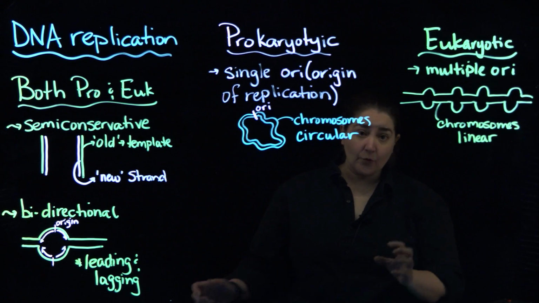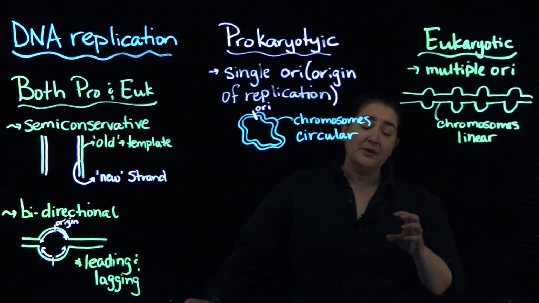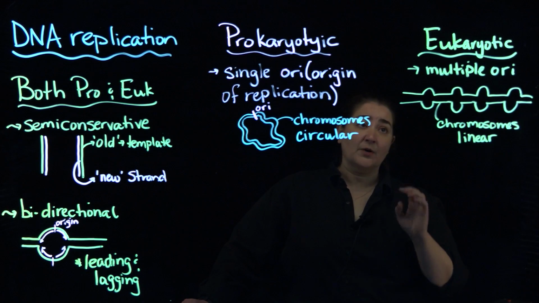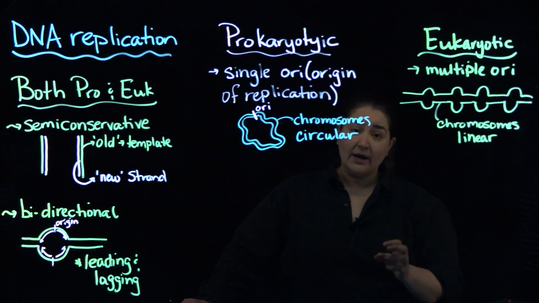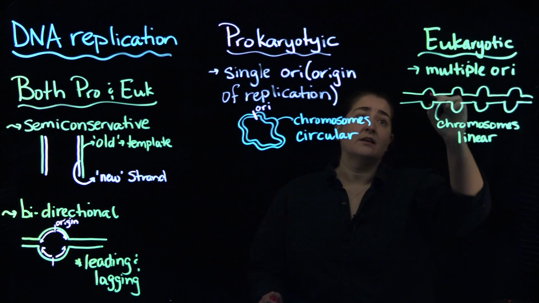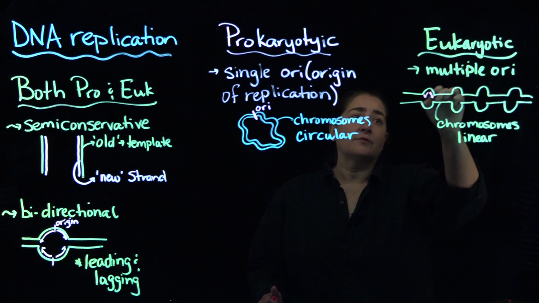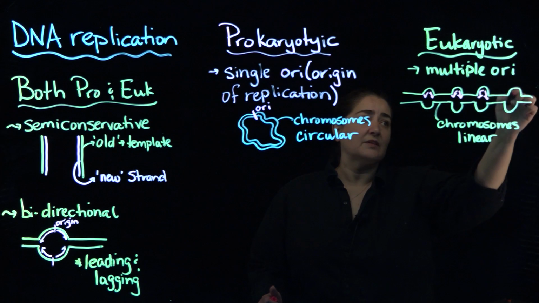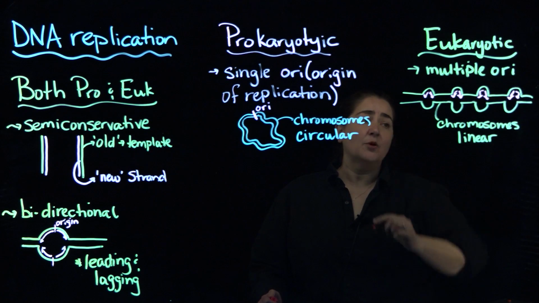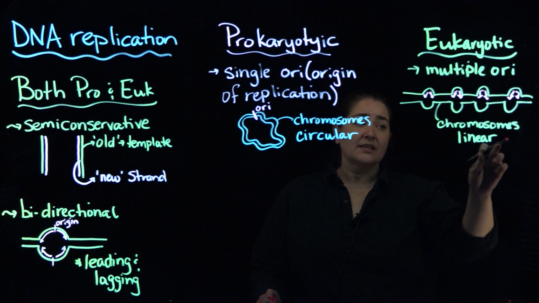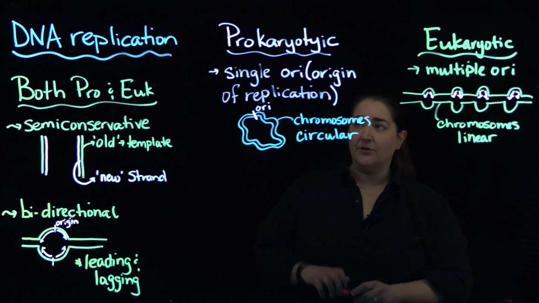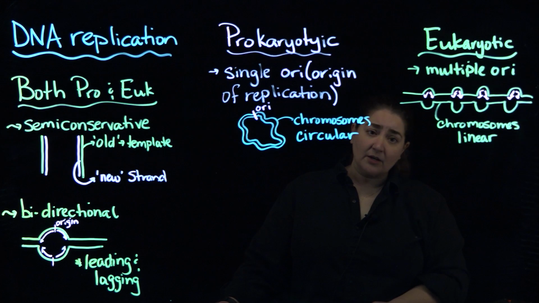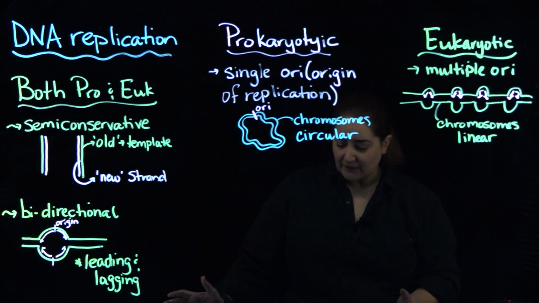So in order for that DNA to be replicated in the eukaryotic cell and for the process to not take forever to happen, okay, you're going to have replication happen at multiple places, okay? So you've got multiple origins of replication. That's because the chromosomes are linear. The chromosomes with prokaryotic organisms are going to be circular, all right?